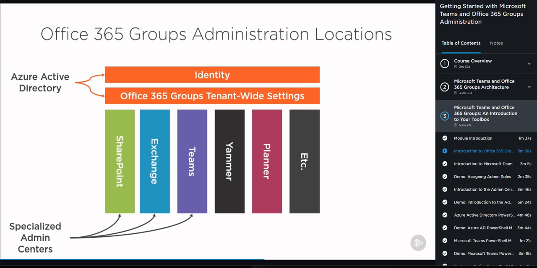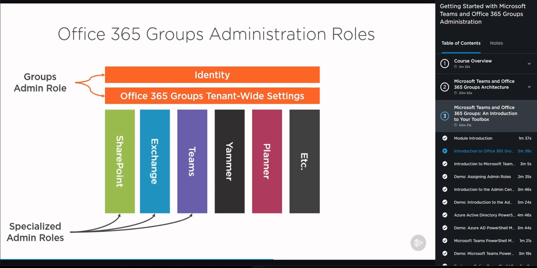The Groups Administrator role gives you access to the tenant-wide settings and membership in Azure Active Directory, but it does not give you access to any of the application admin centers. Those are only granted by the specialized admin roles such as SharePoint Administrator, Teams Administrator, Exchange Administrator, and so on. The Groups admin role only gives you access to group management and setting management for groups at the Azure Active Directory level.